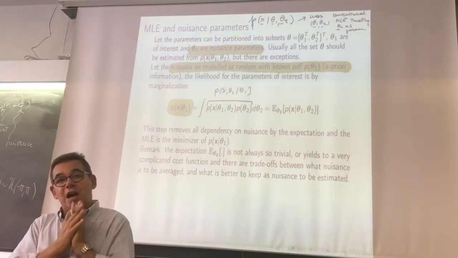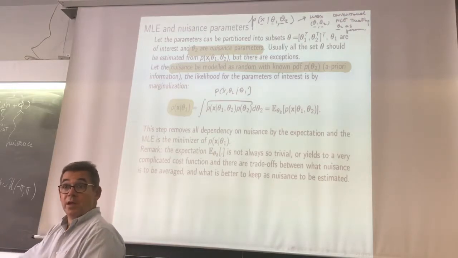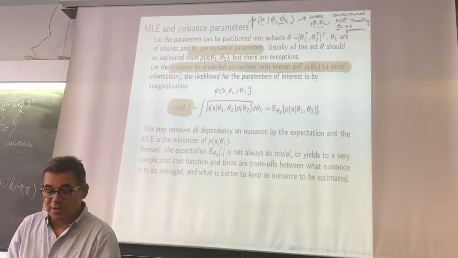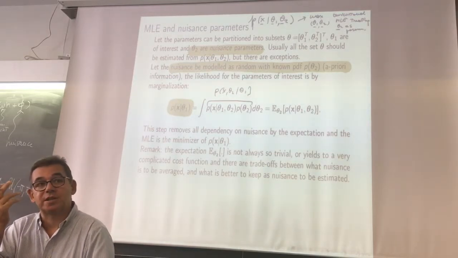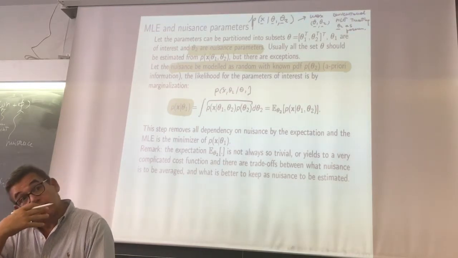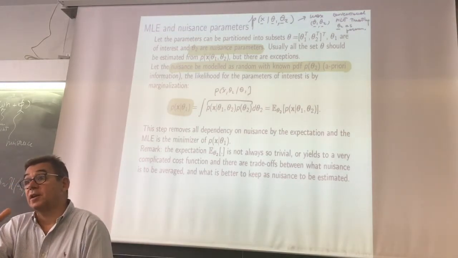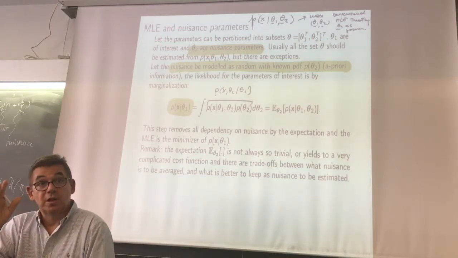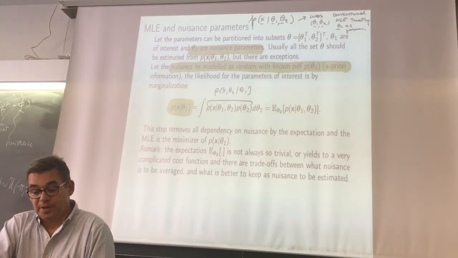I'm averaging out all the possible states of the nuisance in this way. Now, all this is carried out by the marginalization with respect to the nuisance. In some cases, these expectations with respect to the nuisance parameter might be easy, in other cases, they might be complicated. But if it is possible, you can do it.